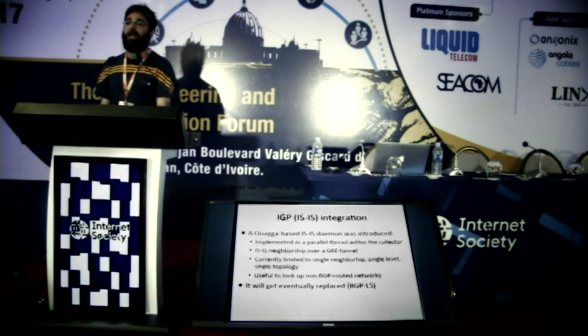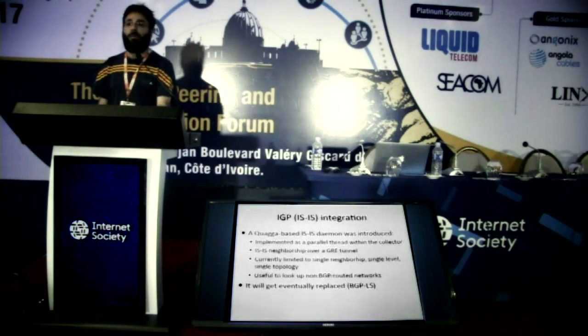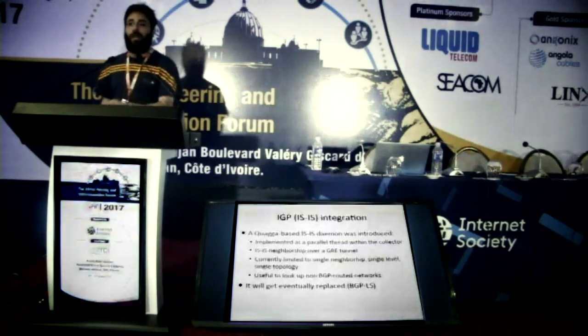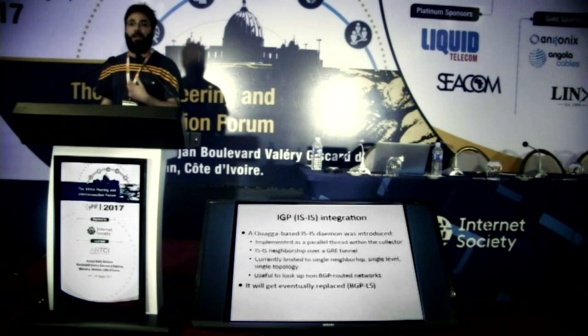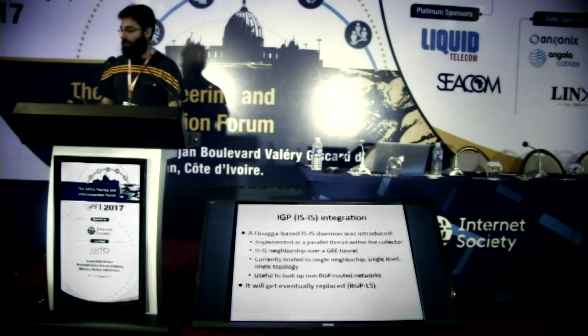But with the IGP it's much more difficult. So it's good to transition from the IGP integration to BGP-LS. BGP-LS stands for link state, and it's a way to carry IGP protocol information over BGP.